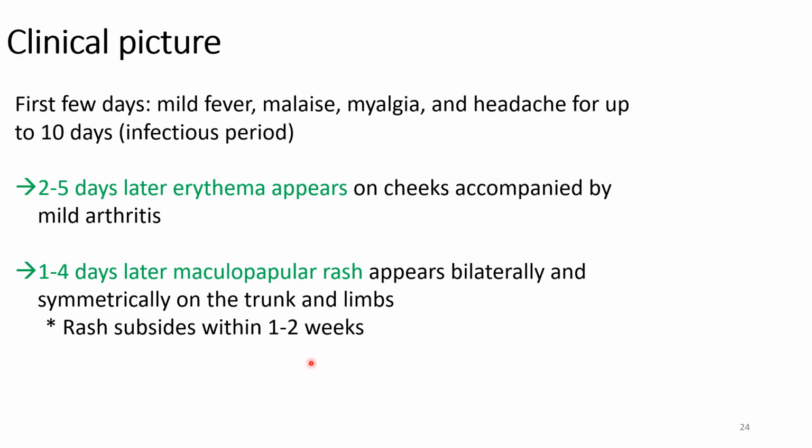Okay, now this rash takes around 1 to 2 weeks before it subsides and the patient starts to recover. Okay, so the illness is biphasic. The initial viremia is associated with flu-like illness, and then the later phase is the rash phase that is due to the immune response.